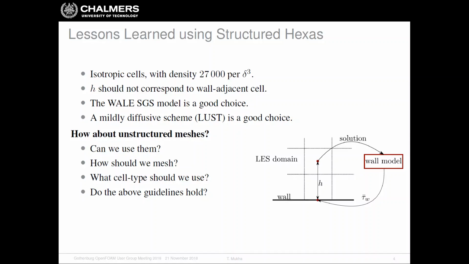But with wall-modelled LES, we actually saw that having some sort of diffusion coming from numerics or the SGS modeling is a very, very good idea to get accurate results.